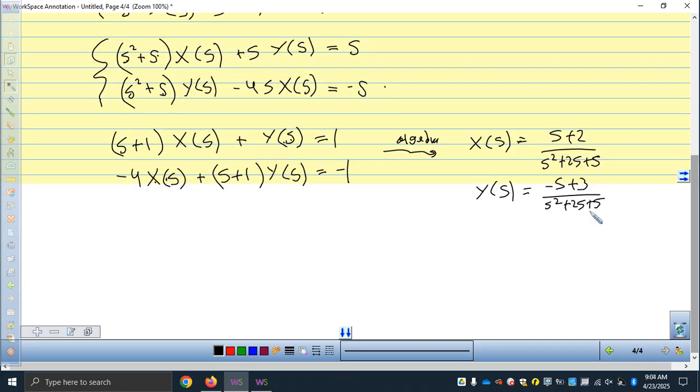We're going to complete the square as well. So we get x of s equals s plus 1 over s plus 1 squared plus 4 plus 1/2 of 2 over s plus 1 squared plus 4.